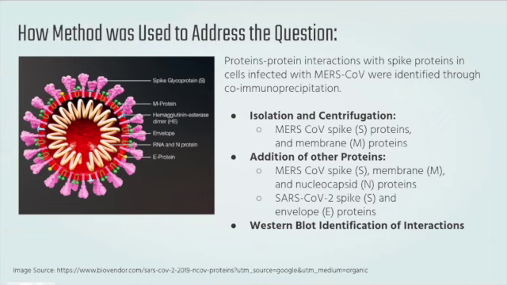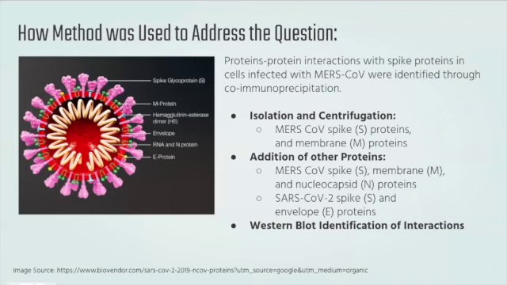The proteins first isolated by antibodies and centrifugation were the MERS S and M proteins. Then antibodies identifying MERS S, M, and E proteins, as well as antibodies identifying SARS S and E proteins, were added.